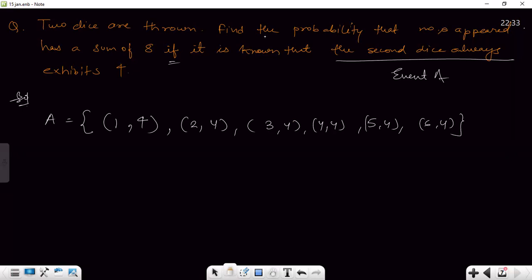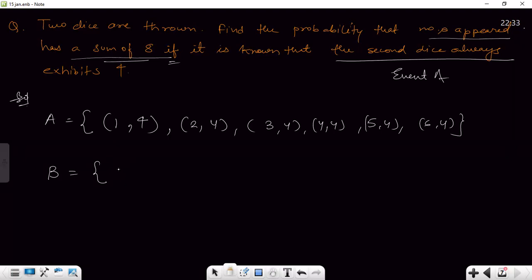Let's call our favorable event, that the numbers appeared have a sum of 8, event B. Now event B, having the sum of 8.